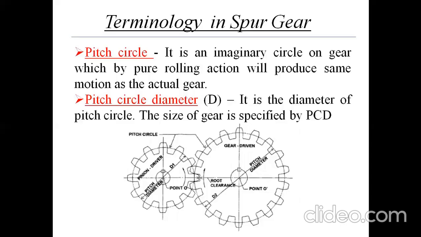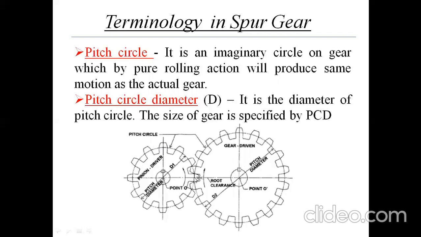Pitch circle diameter. The size of a gear is specified only by its pitch circle diameter. Both the pitch circle of pinion and the pitch circle of gear meet at a common point.